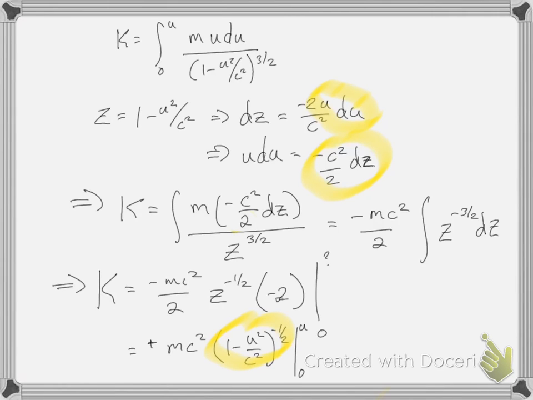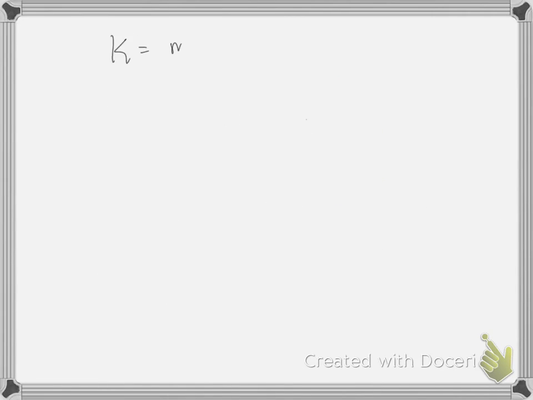Okay. So k is equal to mc squared times 1 minus u squared over c squared to the minus 1/2, evaluated from 0 to u.